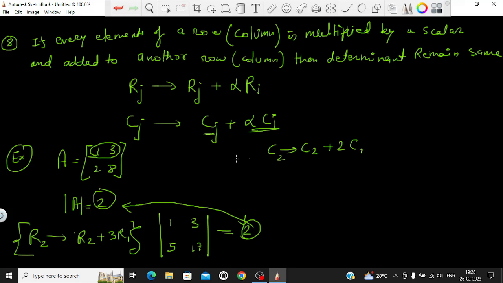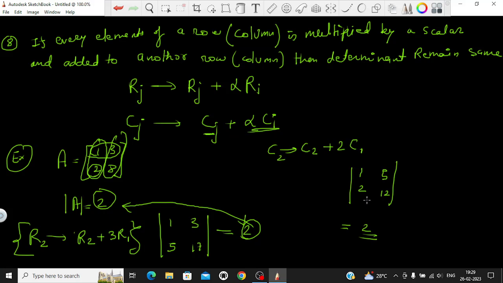See, I am multiplying 2 to this column, so 2 into 1 plus, adding to the second column, so 2 into 1, 2 plus 3, 5, so it will be 5, and 2 into 2, 4 plus 8, 12, so this column will be 12 and the first column will be same, and just you calculate the determinant, you will get again 2.